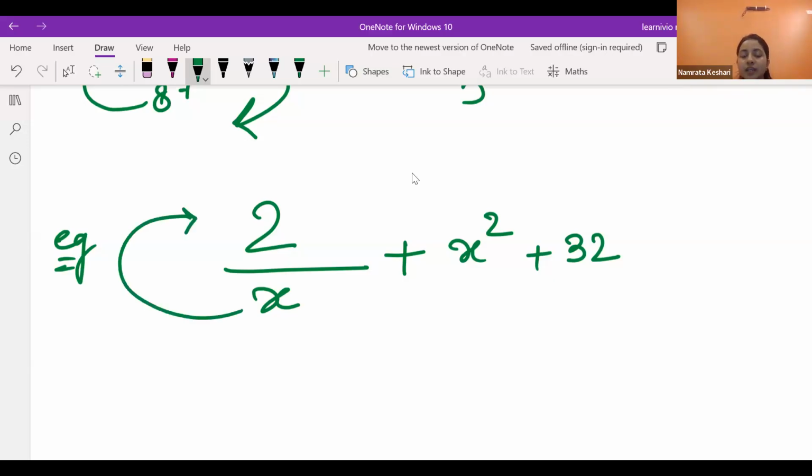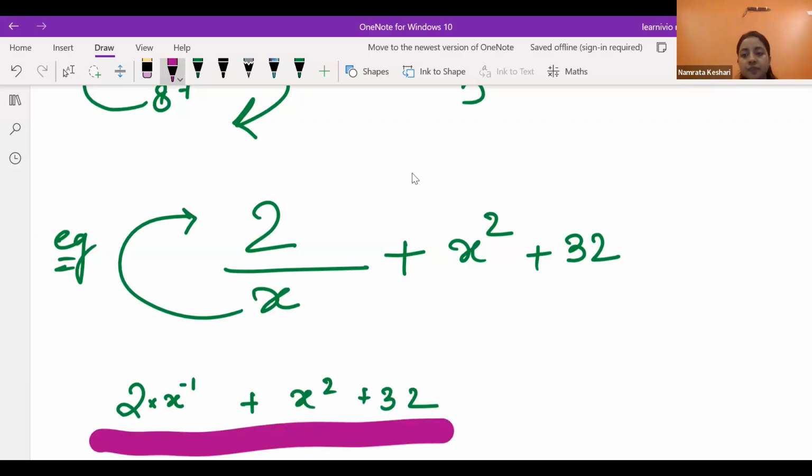Can you tell me, Gauri, it will be 2 into x to the power what? -1. Perfect. Plus x square plus 32. Now if I am asking you, Gauri, is it a polynomial? No, ma'am. Due to the power minus 1.